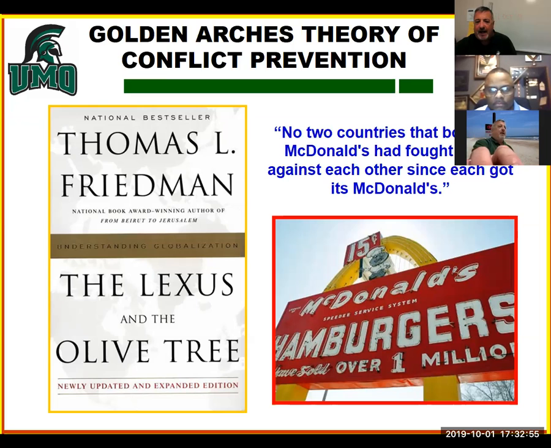So the idea here being that the more economically interconnected countries get, the less chance of it going into armed conflict. The idea being give everybody a vested interest in each other, and hopefully maybe we tend to work out our problems.